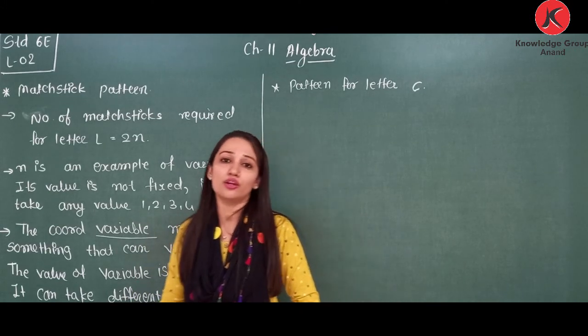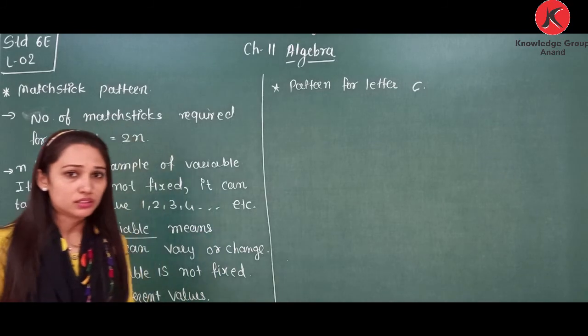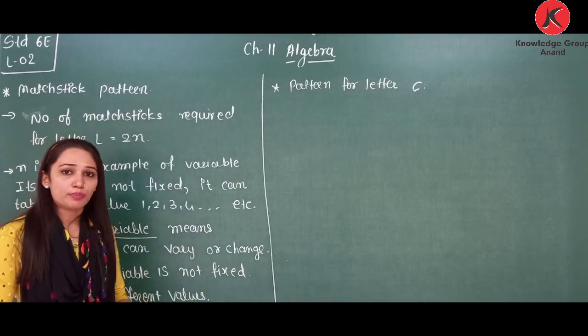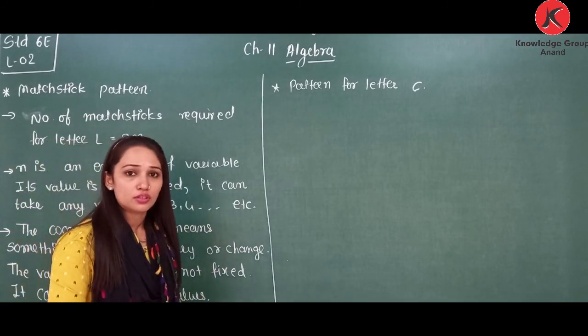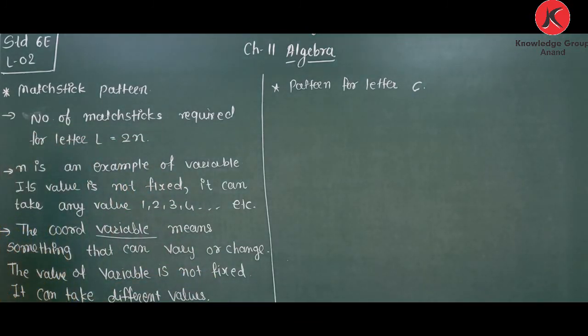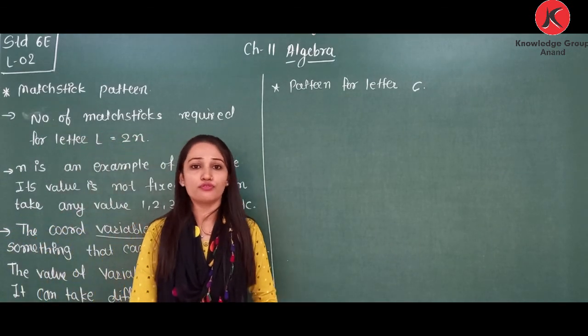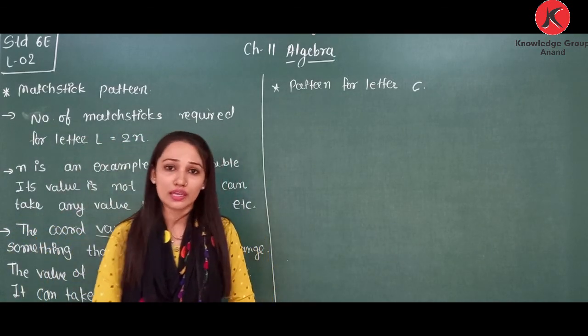It means its value is not fixed. Same if we take the perimeter of a rectangle, then for different examples, length and breadth are different. So same, it takes a different value. The value of a variable is not fixed. It can take different values. Clear?